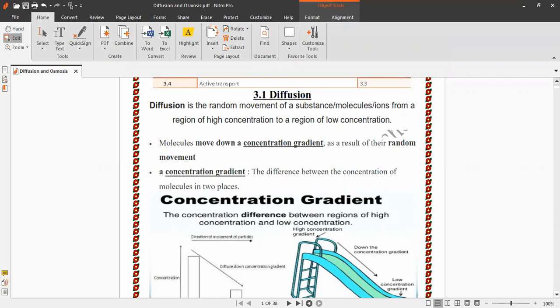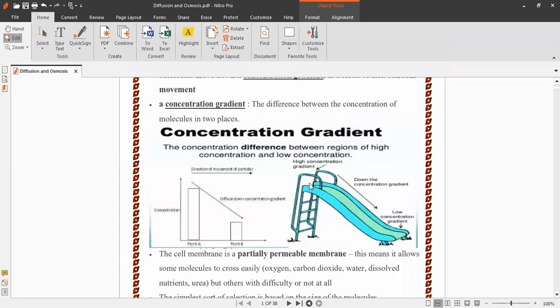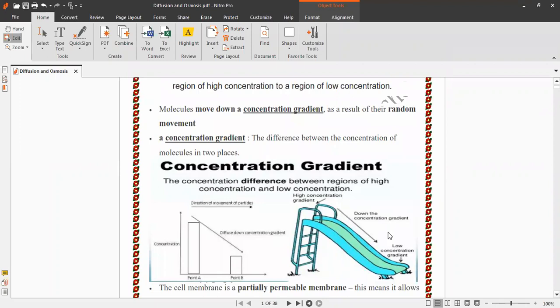Again, diffusion is the random movement of substances, molecules, ions, particles from a region of high concentration to a region of low concentration. Here the particles move down the concentration gradient, from high to low. Why? This is the result of random motion of particles.